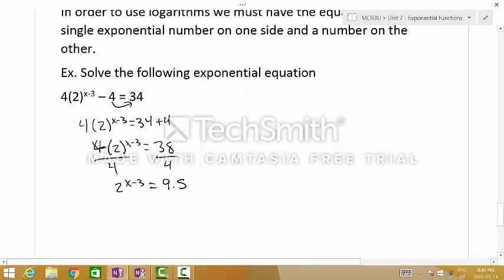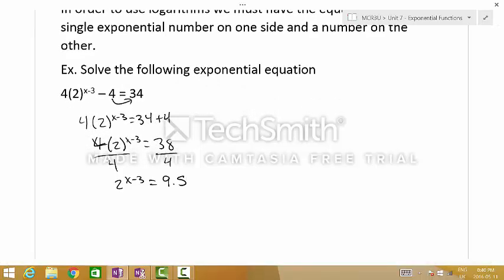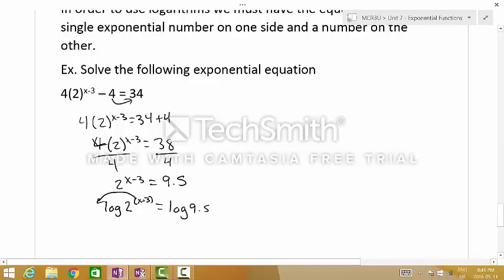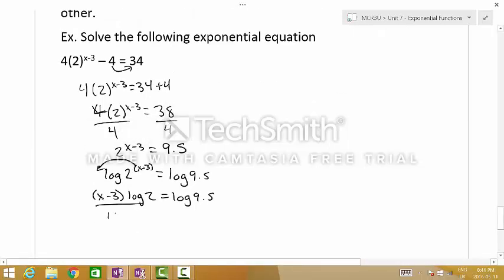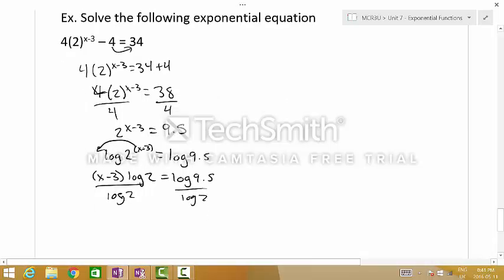9.5. And now that we have the left-hand side as just an exponential number and the right-hand side as just a number, what we can do is take the log of both sides. And again, when I do that, I'm going to put the exponent in a bracket. I'm taking the log of both sides, and that exponent we can bring down in front of the log. Once I've brought that exponent down, I'm going to solve for it by dividing both sides by log 2.